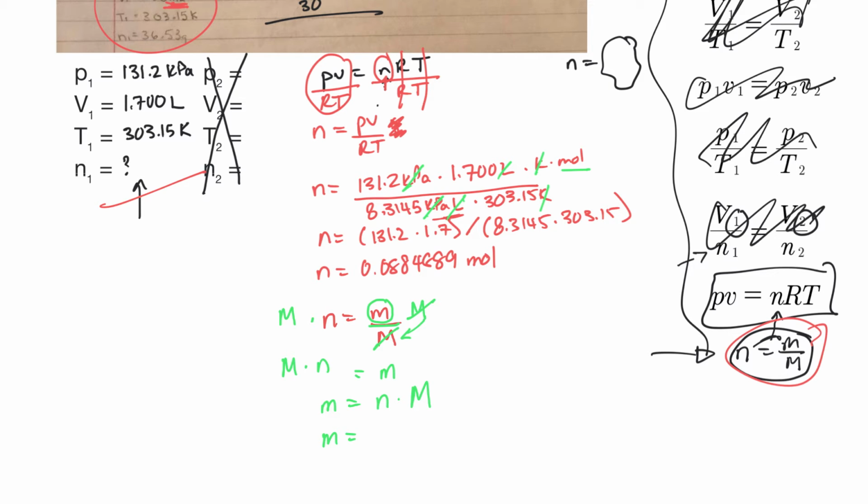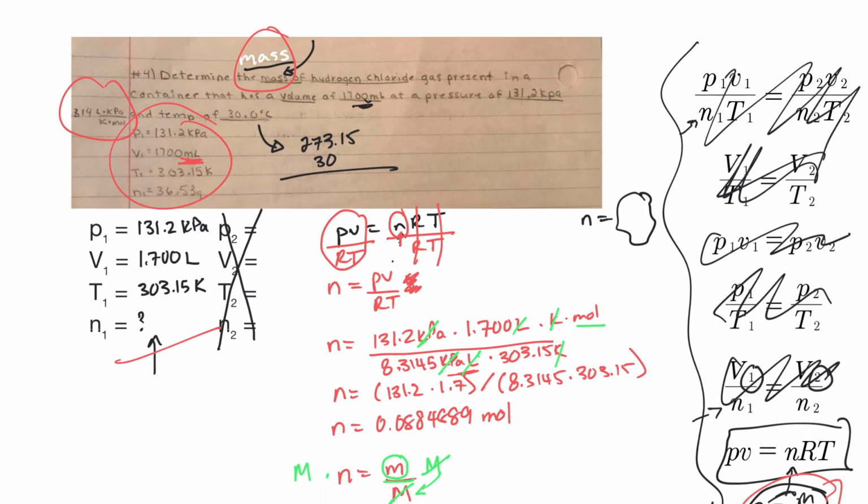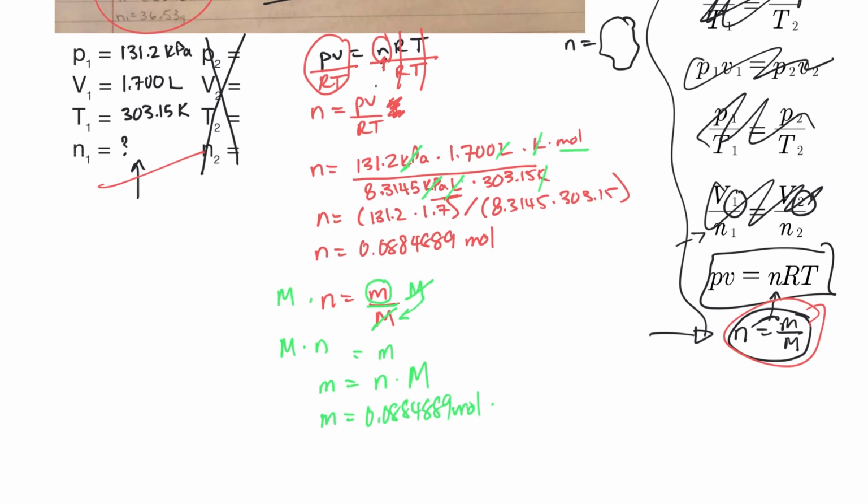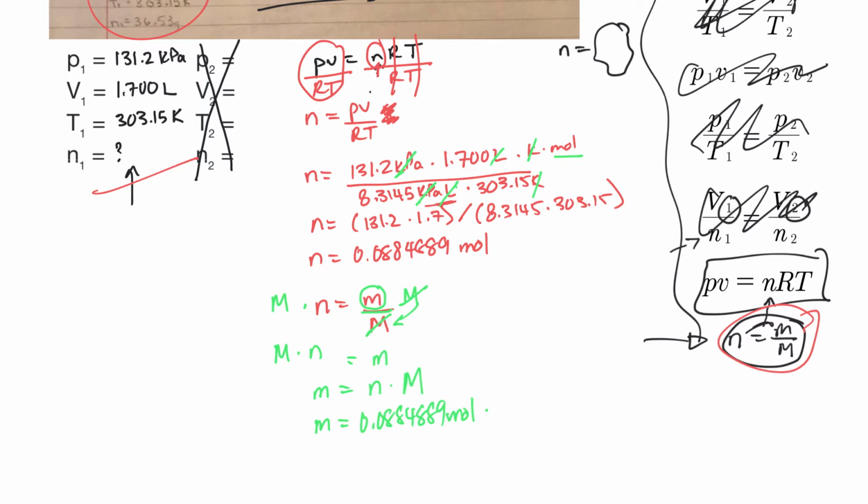Mass equals moles, I just got that number, 0.0884889 moles, times the molar mass of what? What gas do we have? Oh, it's hydrogen chloride gas. So hydrogen chloride gas gives one hydrogen and one chlorine. So hydrogen is 1.01 and chlorine is 35.45.